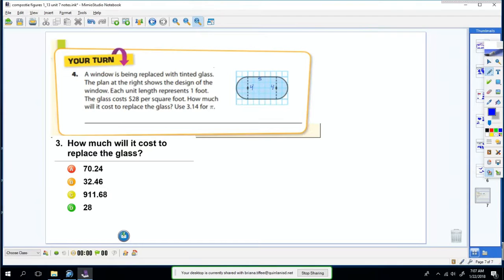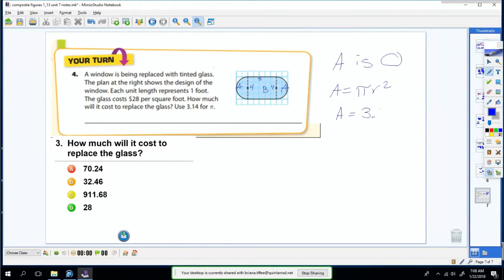So I'm going to label this A, B, and I'm going to keep this A. The reason why I labeled the two ends A's is because when you put two semicircles together, it creates one full one. So A is a full circle, and the area of that is A is equal to pi r squared.